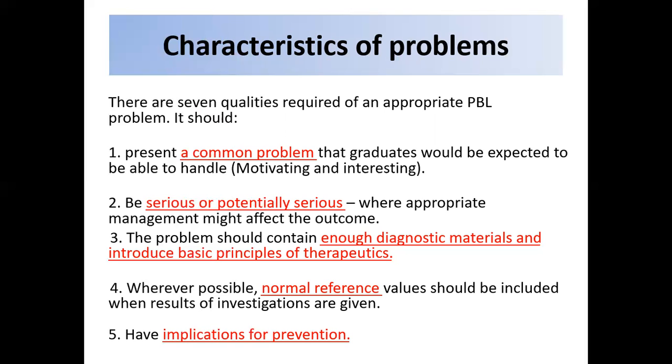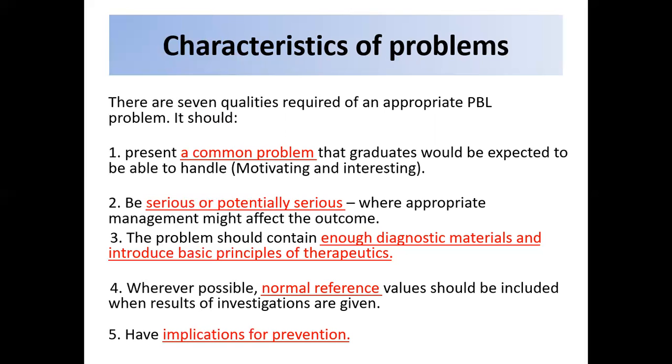Number 4, which is very, very important: wherever possible, normal reference values should be included when results of investigations are given. For example, if you give the vital data, for example, blood pressure, of the patient, you can give the normal range of blood pressure for this age group.